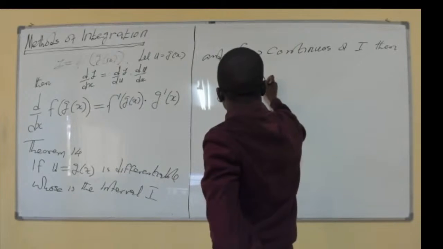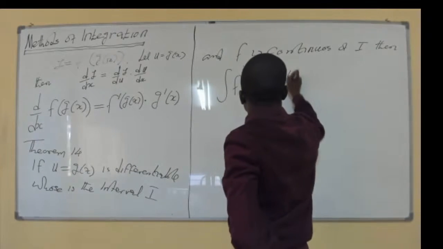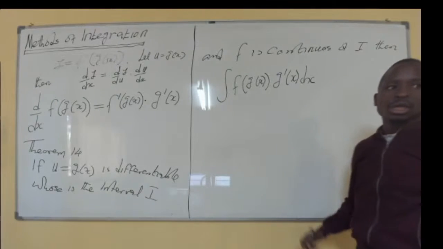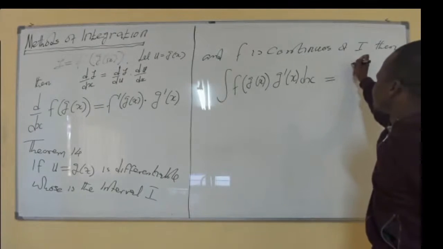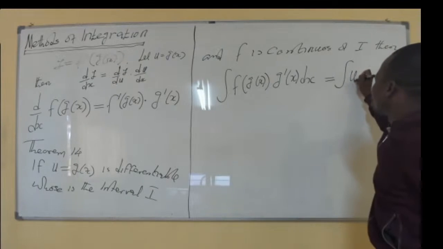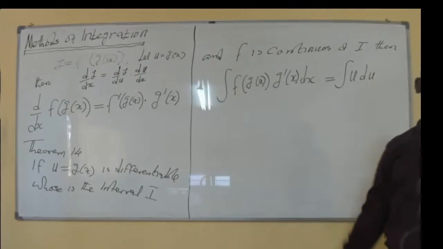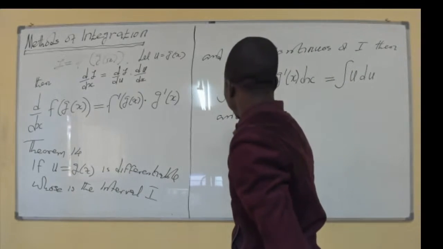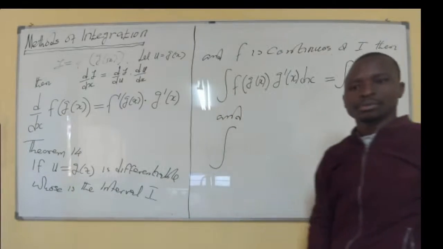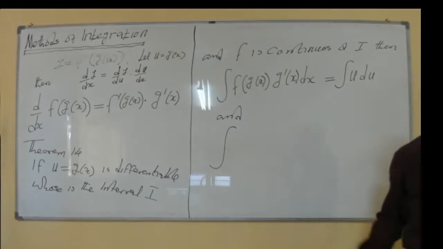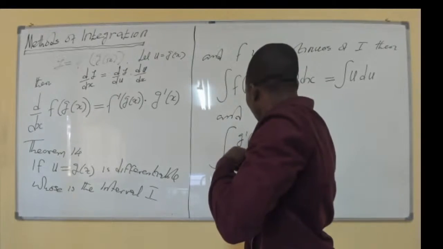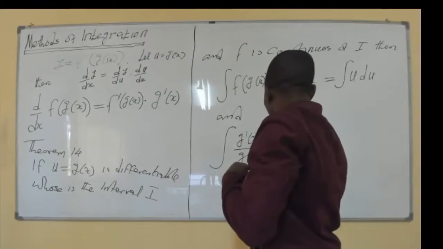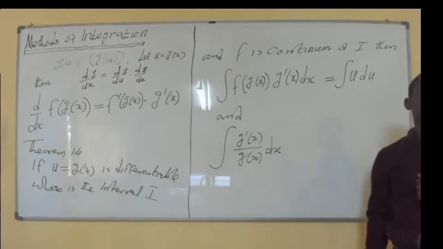the integral of the function f of g of x times the derivative of g of x with respect to x is just the same as the integral of f of u with respect to u. And also the integral of g prime of x over g of x with respect to x.